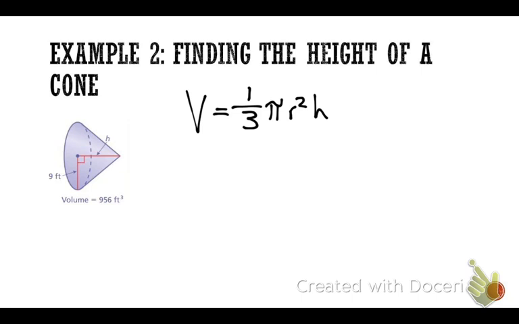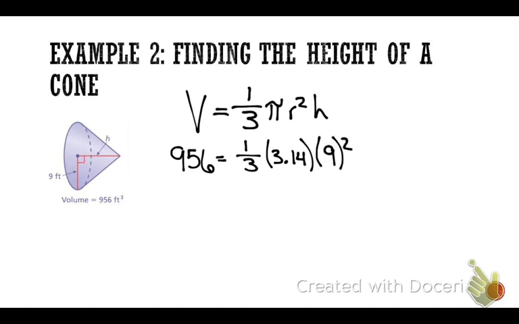What did you plug in for V? What number did you plug in for V, guys? What's the volume? Very good. 956 equals 1/3 times what value do we plug in for pi? 3.14 times r. What's my radius? 9 squared times h. Okay, so again, I want to multiply what I can first and then divide it by 3.